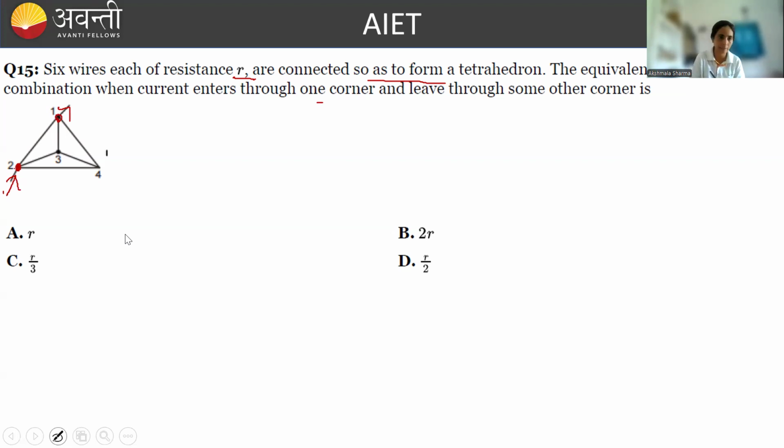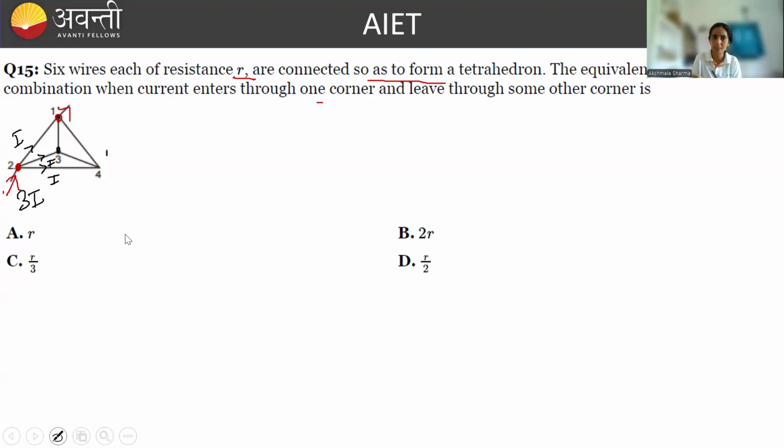If you have seen a tetrahedron, you must have. So यहाँ पे देखो, अगर यहाँ से 3I करंट आया, suppose कर लो, तो यहाँ पे R रेजिस्टेंस है, इधर R है, इधर R, तीनों के लिए इक्वल. करंट तीनों में डिवाइड होगा क्योंकि R सेम है और ज्योमेट्री भी काफी सिमेट्रिकल है. तो यहाँ पे I दोगे, यहाँ पे I दोगे और यहाँ भी I दोगे. अब तुम ध्यान से देखो, पॉइंट 3 के पास जो करंट पहुंच रहा है, that is I, and at point 4 the current which is reaching is I.